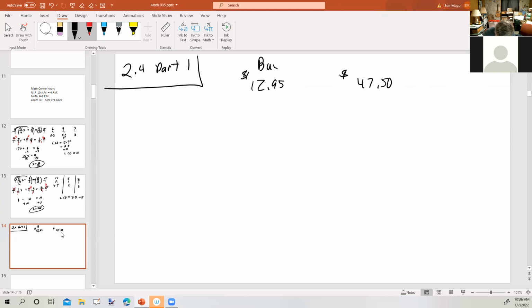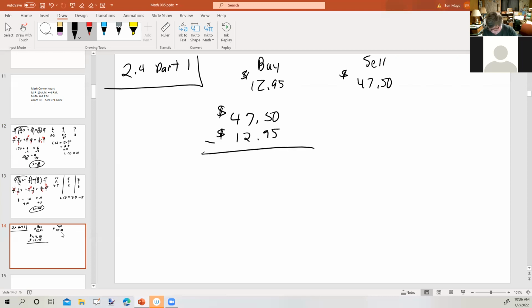So buy, sell. So what is the markup? How would you find the markup? Well, you would take the selling price minus the buying price.